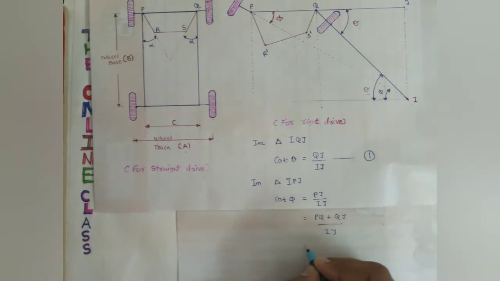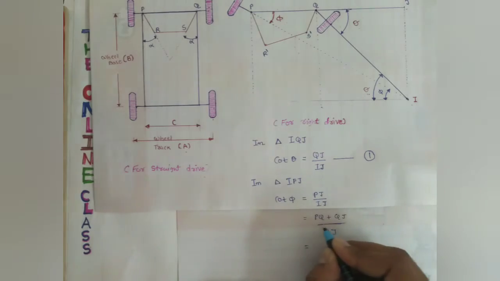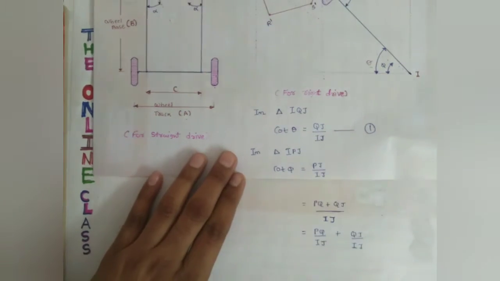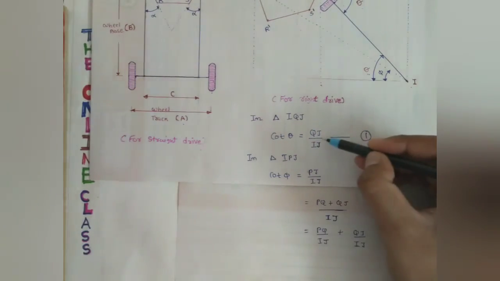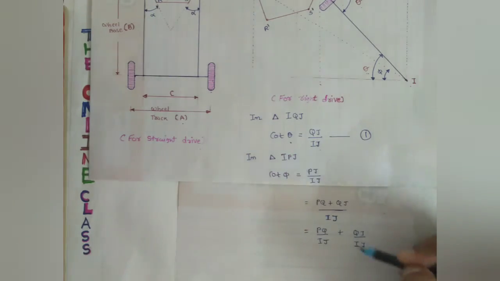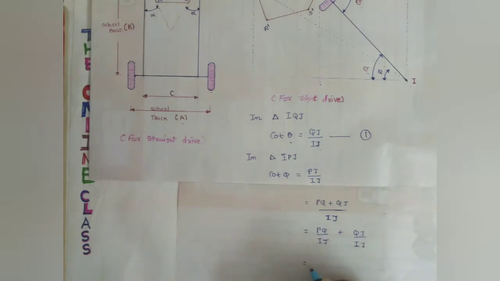Dividing IJ into PQ and QJ, we get PQ divided by IJ plus QJ divided by IJ. In equation number 1, we can easily see that QJ divided by IJ is equal to cot theta. So we can write cot theta in place of this. So cot phi equals PQ divided by IJ plus cot theta.